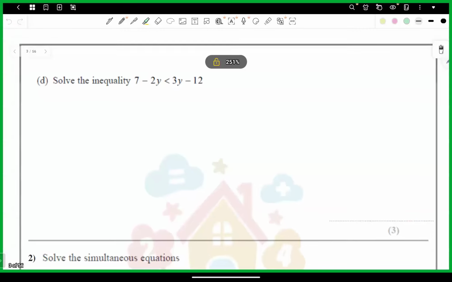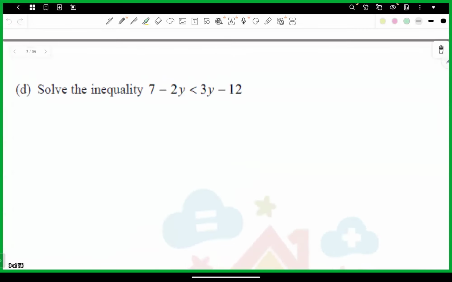So please, when you are doing this kind of question, you have to be sure that here you bring down minus 2y and then bring down minus 12, and you have to change the sign of 7, put it to the other side with the constant, and it will be the opposite sign.